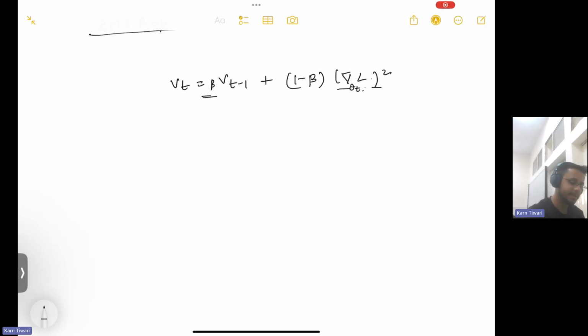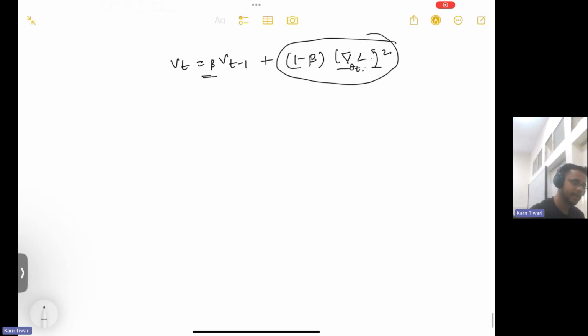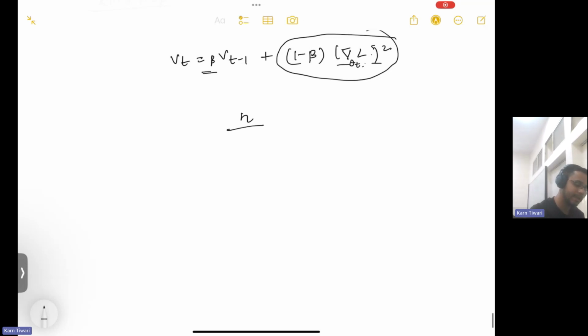So with this beta and 1 minus beta, if beta is very high, then it's giving a very small weightage to this term. If you take beta as 0.9, then this will give a smaller weightage to this, and it's controlling the stability. The eta was defined as eta divided by the square root of V_t plus epsilon. Why we added epsilon, I told you already; you are familiar with why we need epsilon.